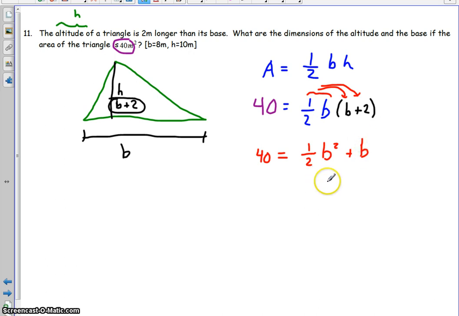So I have half b squared plus b equals 40. Then I'm going to bring everything over to one side by subtracting 40. That's going to give me 0, and I have half b squared plus b minus 40.